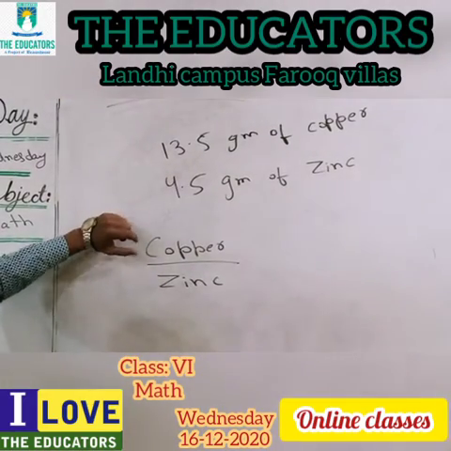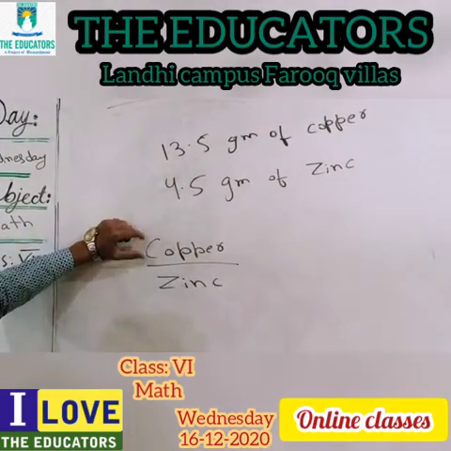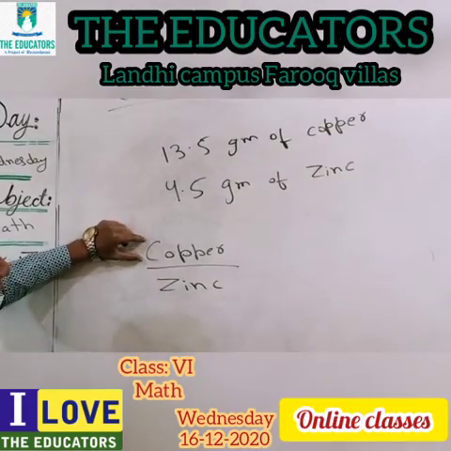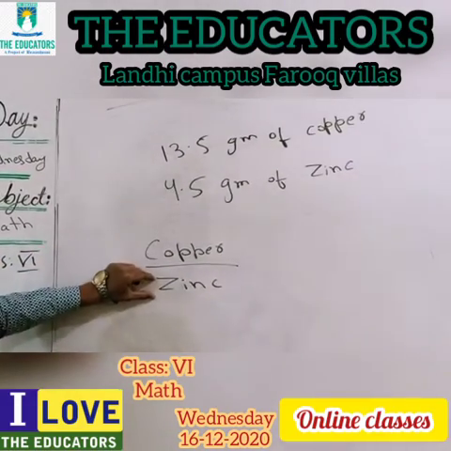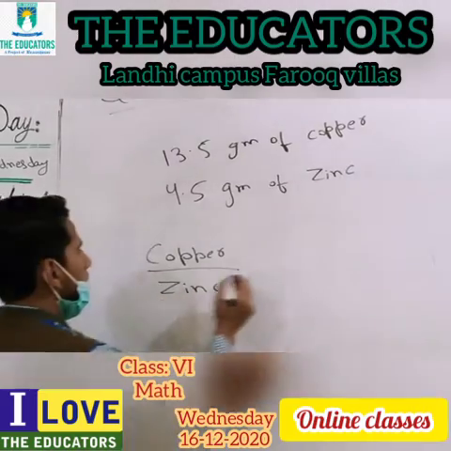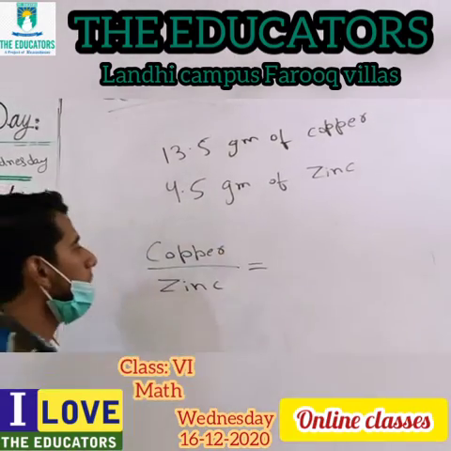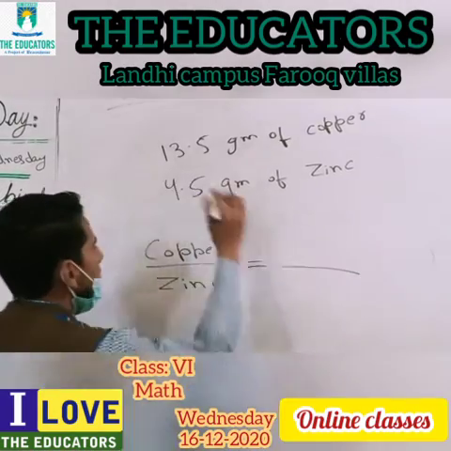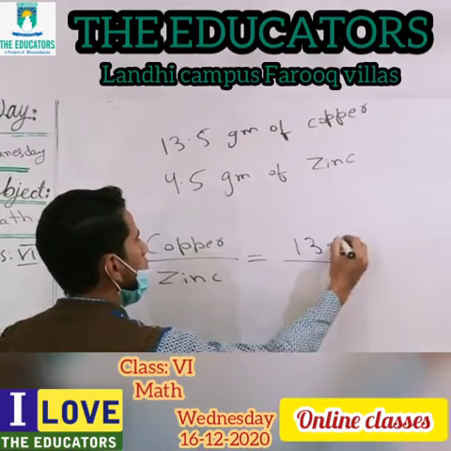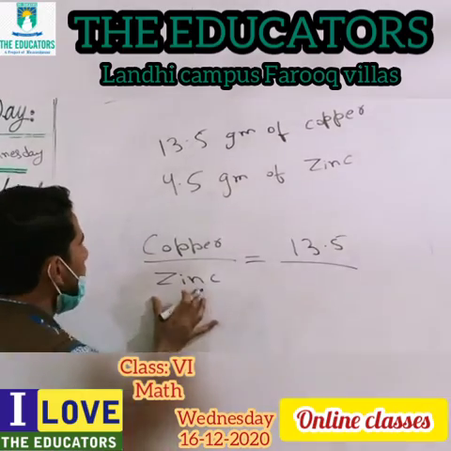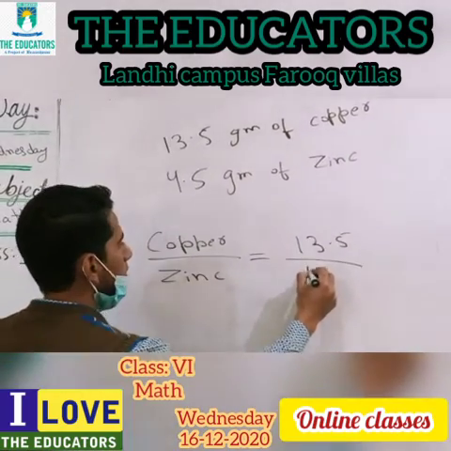Now in question they ask us the ratio of copper to zinc, so we will write copper here in the numerator and zinc in the denominator. Okay, so now we simply have to put value of copper on the upper side, that is 13.5, and then we have to put value of zinc, that is 4.5.